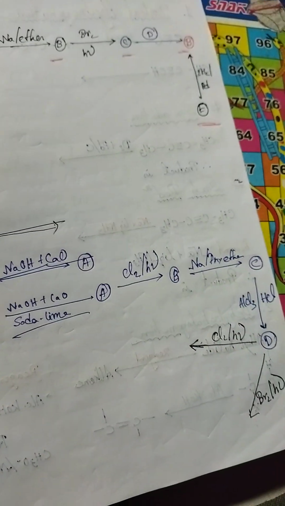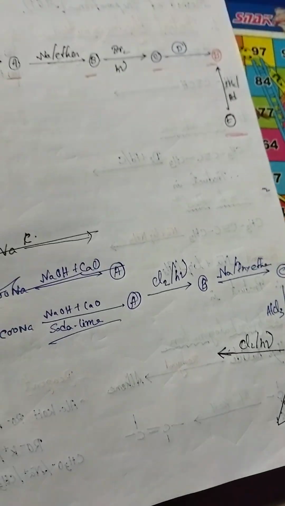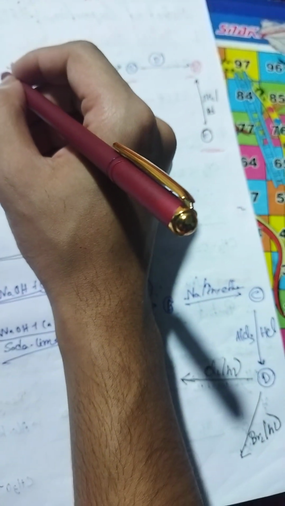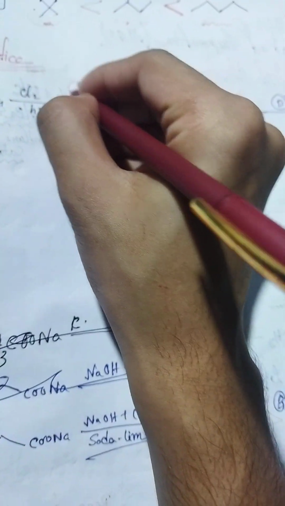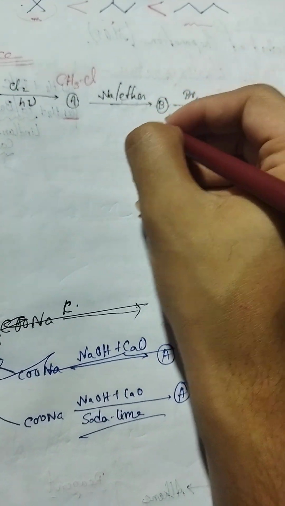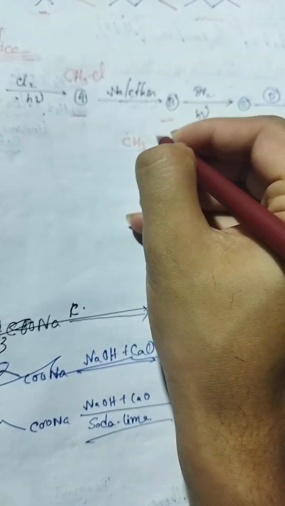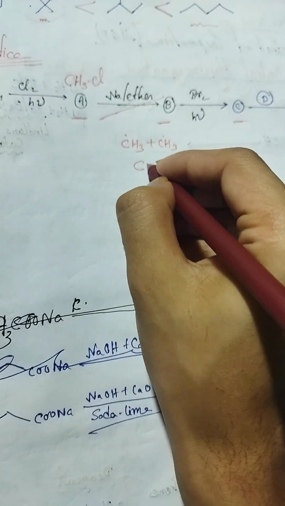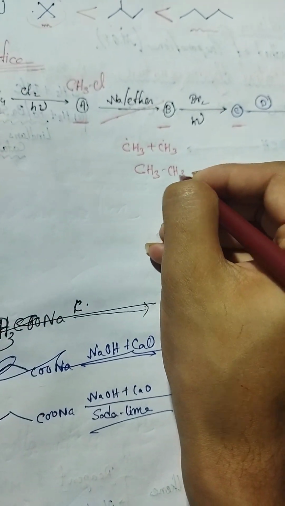Find this. A is CH3Cl, B is CH3, this is Wurtz reaction, CH3CH3. This is ethane.